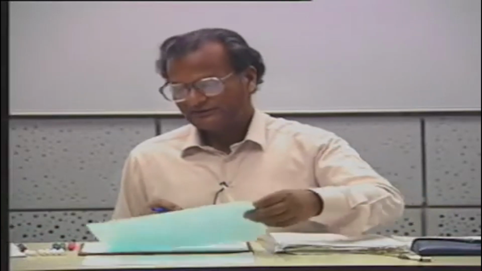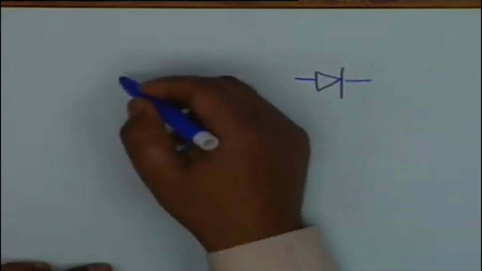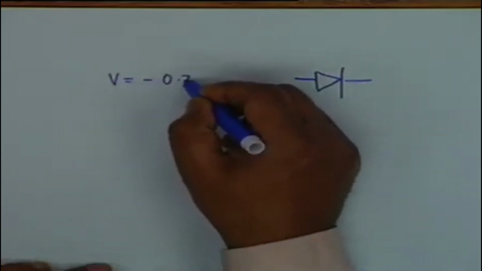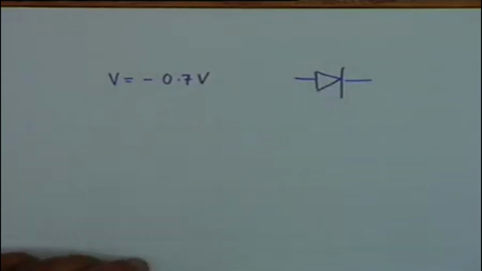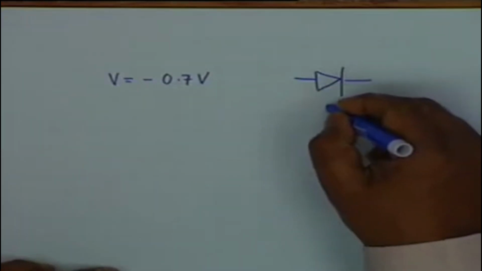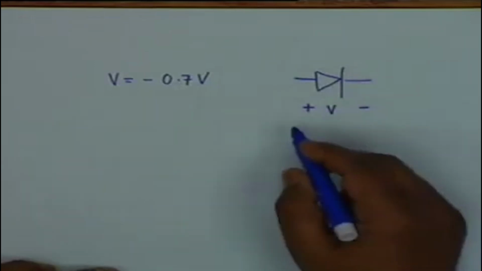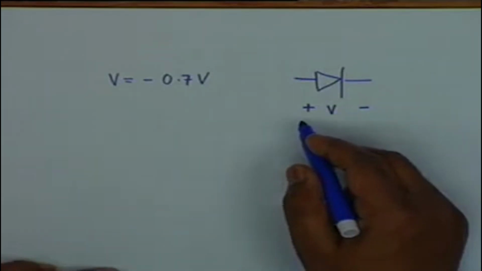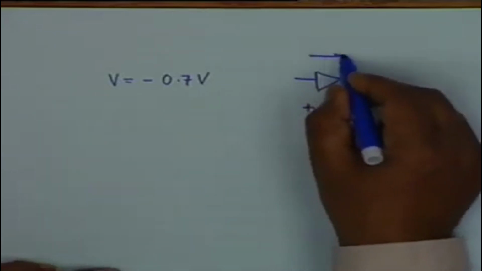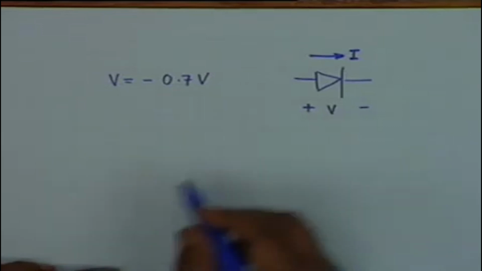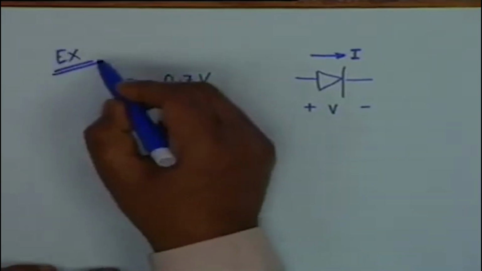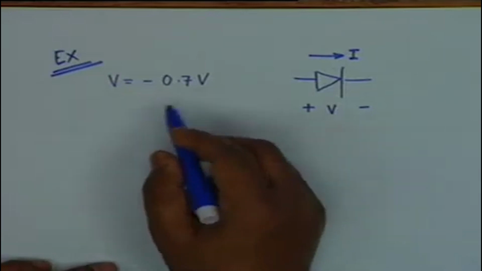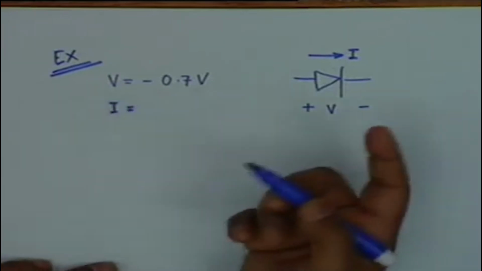Now as an example of application of this, let's take a very simple example. It is given that a diode under reverse bias, that is V equal to minus 0.7 volt, which means that it is reverse biased. The convention is this: V plus minus, plus on the P side and minus on the N side, and the current flows like this, capital I. It is given that at a reverse bias of minus 0.7, the current obviously shall also be reversed.